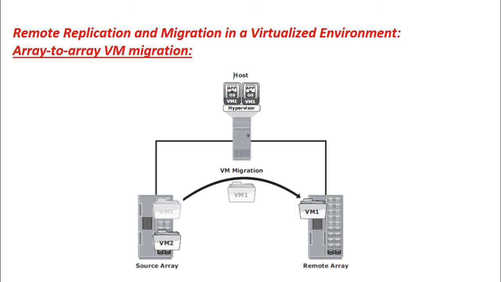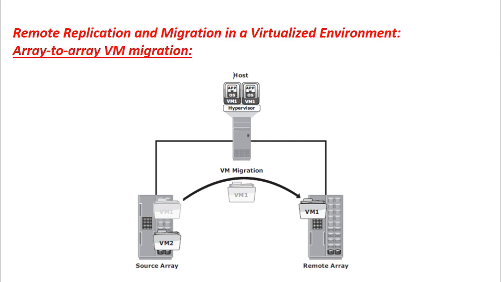We discussed three-site cascade multi-hop and three-site synchronous plus asynchronous remote replication. After that, we discussed three-site synchronous plus disk buffered replication, followed by three-site triangle or multi-target remote replication. And then we discussed remote replication and migration in a virtualized environment.